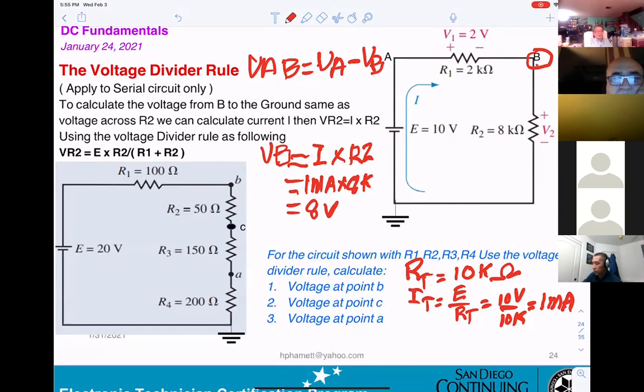Now, if you have VB, on the formula VAB equal VA minus VB, okay? And the VA will be 10 volt. 10 volt. Okay? VB, you can calculate it. That will be helping you to calculate the VR1.